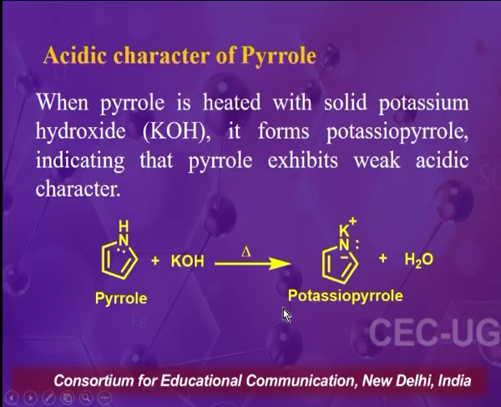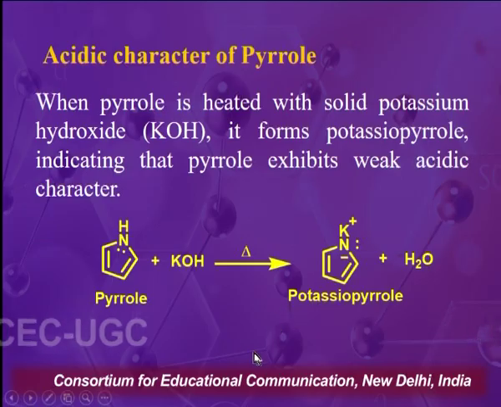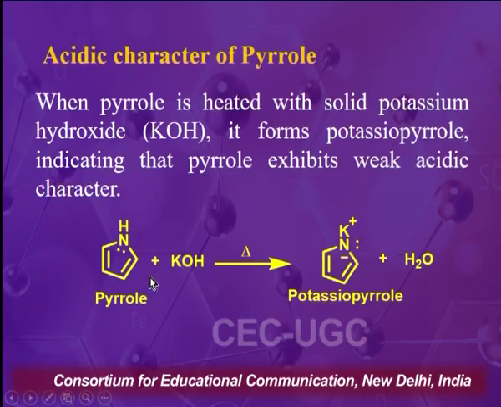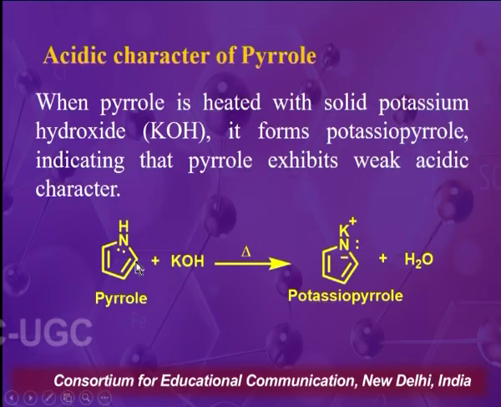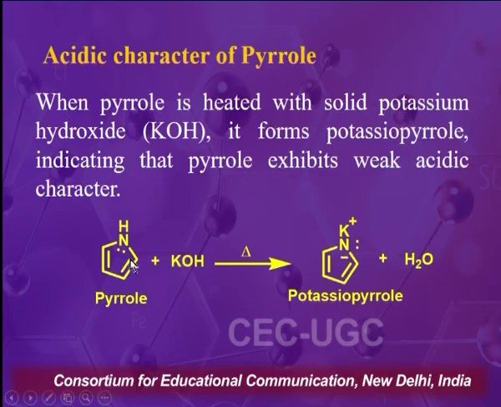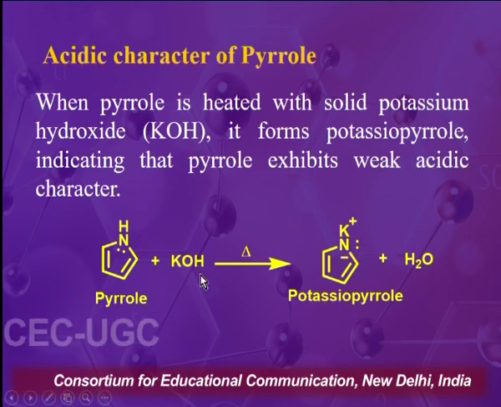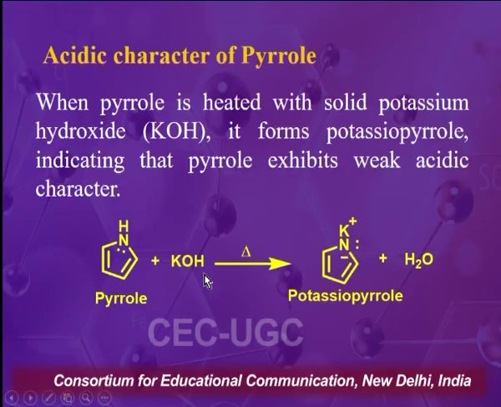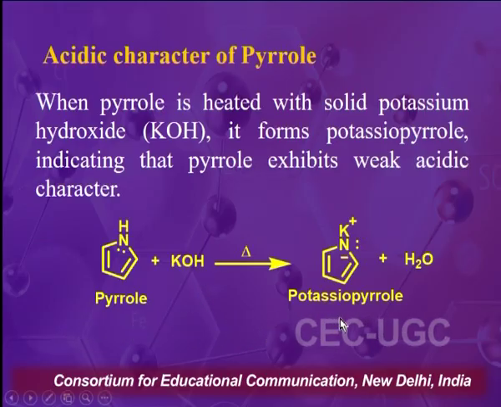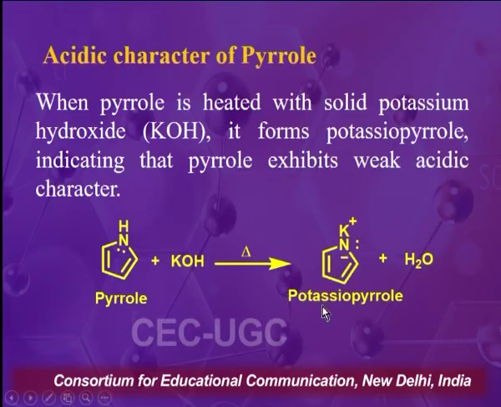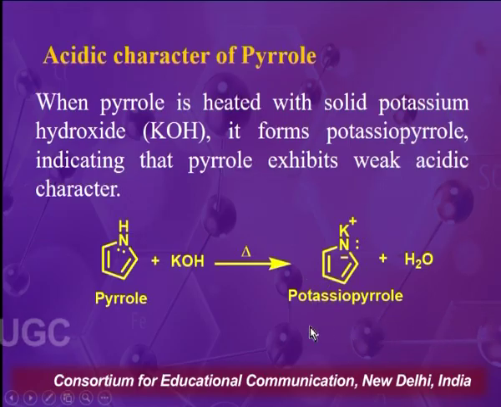Then we are going to discuss the acidic nature of pyrrole. We can say that pyrrole is slightly acidic in nature, or it has weak acidic character. How can we say this? Because when pyrrole is heated with solid potassium hydroxide, it forms potassiopyrrole, and that indicates that it has weak acidic character.